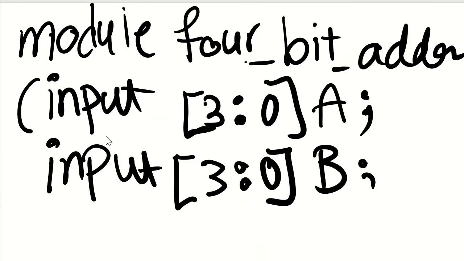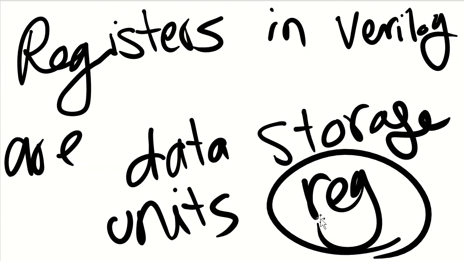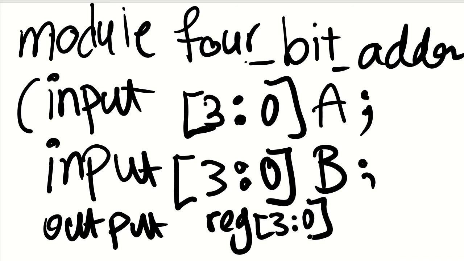So one way to define that is you type output, and now you are using a data unit to store your output, right? So you have to use the keyword reg or register. So you say output is reg and go from 2 to 0.